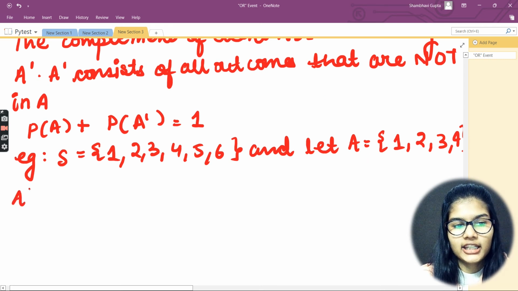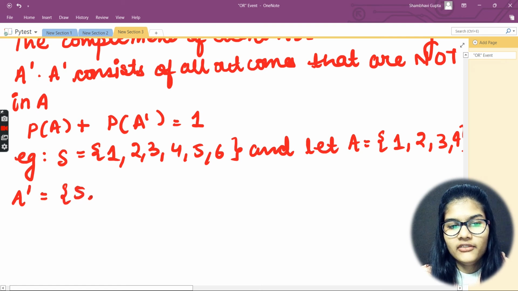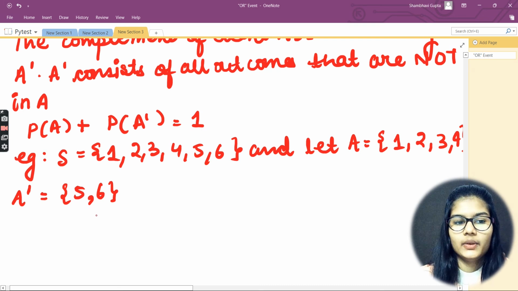Then in that case, A prime will be equal to 5, 6, right?